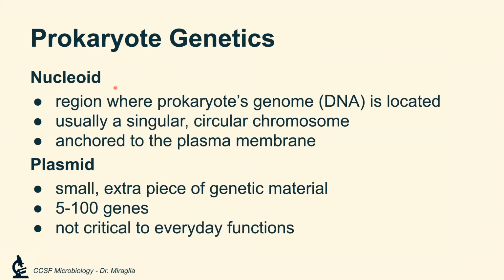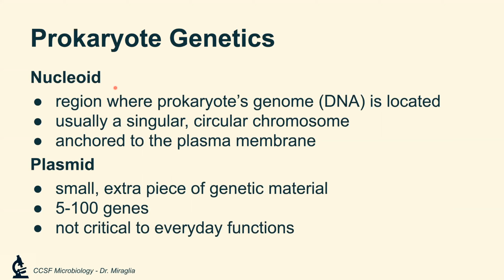Contrast this to your cells, which have 23 pairs of linear chromosomes. Again, in a prokaryotic cell, it's a single circular chromosome, and it's anchored to the plasma membrane. So it's not surrounded by a nuclear membrane like a eukaryotic cell, but it is anchored to the plasma membrane. So the genome is a single circular chromosome located in the nucleoid.